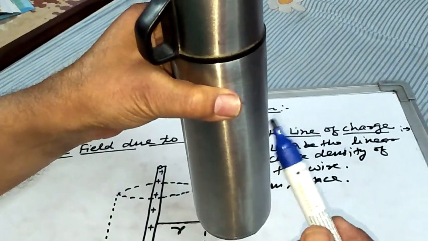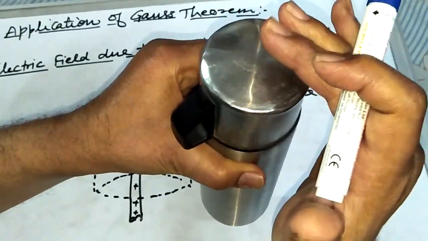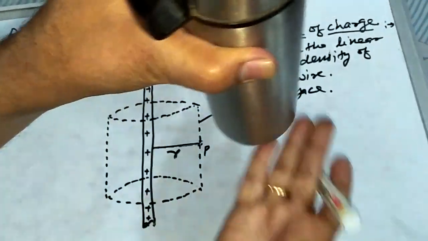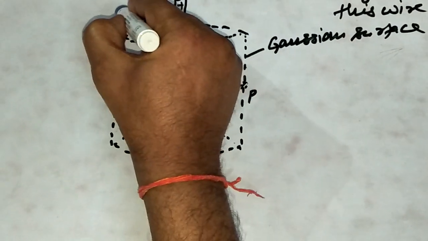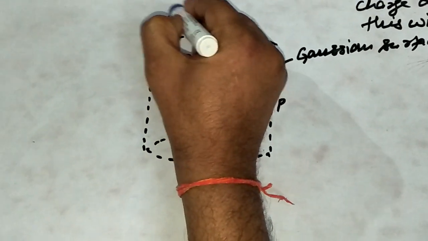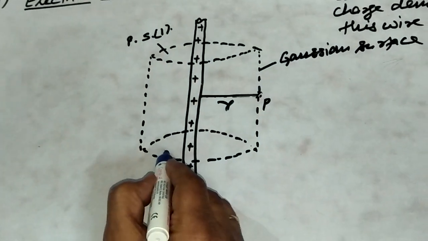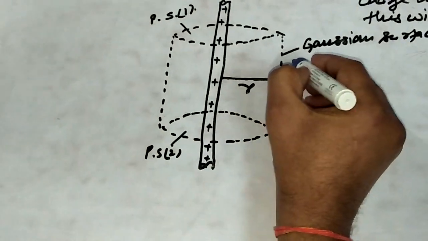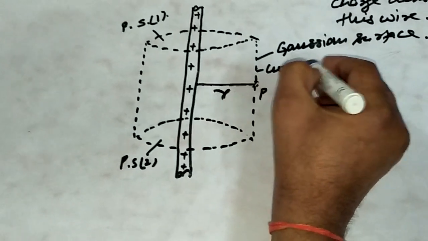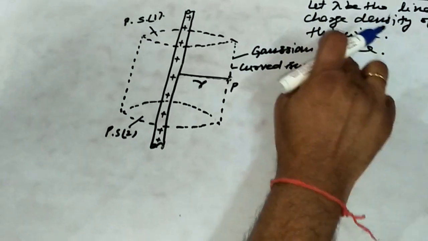So for finding the electric flux, first we will see what the total electric flux passing through this surface is. For this purpose, you calculate the electric flux through this one, and through the bottom one. Suppose this one, I am taking here, is plane surface 1, this one is plane surface 2, and this one is the curved surface, which I am taking as curved surface 3.